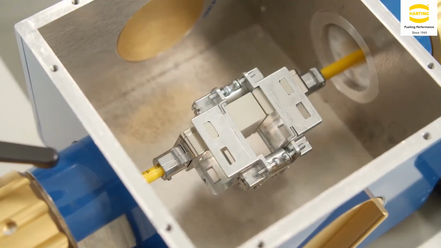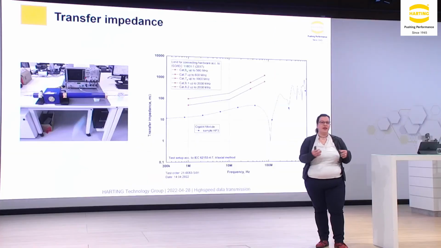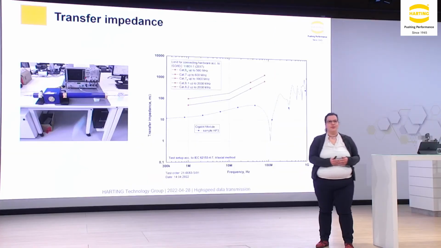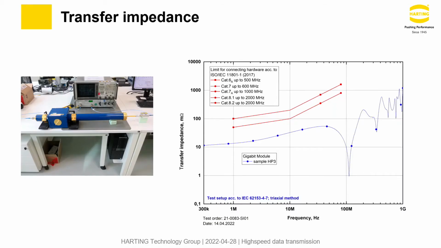I would now like to also present you with a few results from these tests. First of all, we start from the outside and we take the transfer impedance. The transfer impedance describes the shielding efficiency of the shielding housing, of the shielding enclosure of the connector.